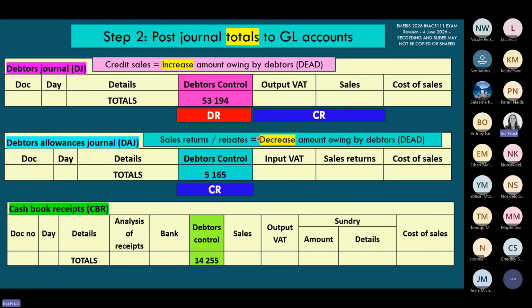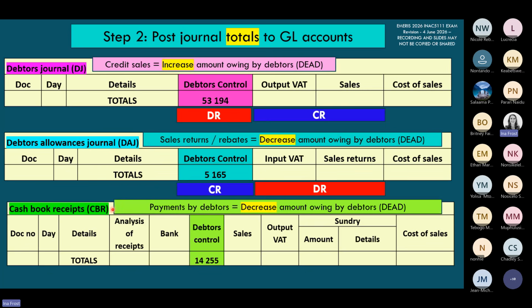So that will be posted to the credit side of the debtors control account. Cash book receipts, that will be when we receive a payment from a debtor, and that will decrease the amount the debtor owes to us, and therefore it's going to go to the credit side of the debtors control account.